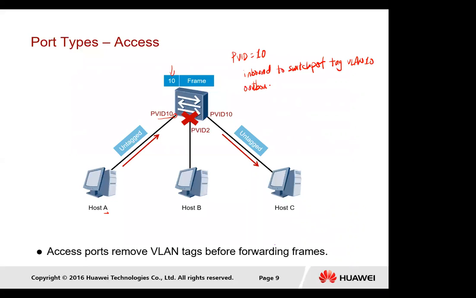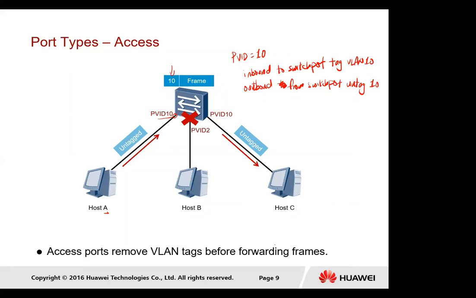Outbound from the switch port, I will untag 10. So PVID is always like this. When you go into the switch port, I will add the tag of whatever your PVID is. And when you're going out from the switch port, I will untag based on your PVID. So inbound, I'm going to tag. Outbound, I'm going to untag.